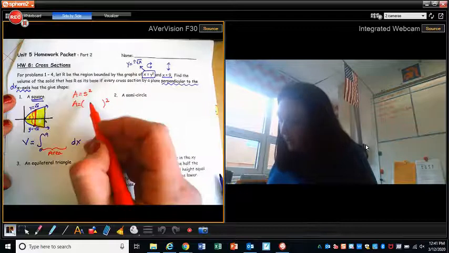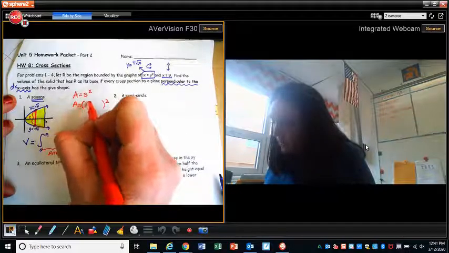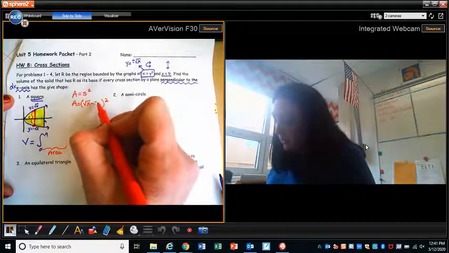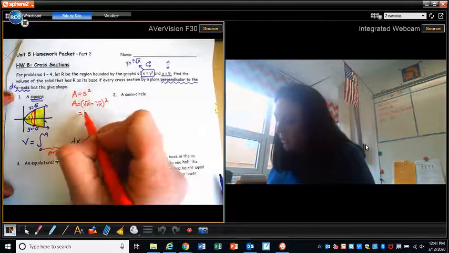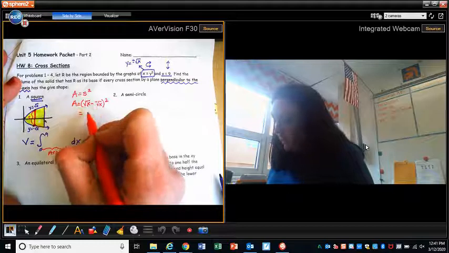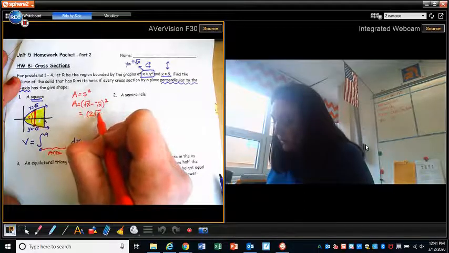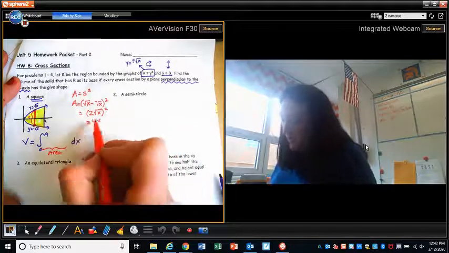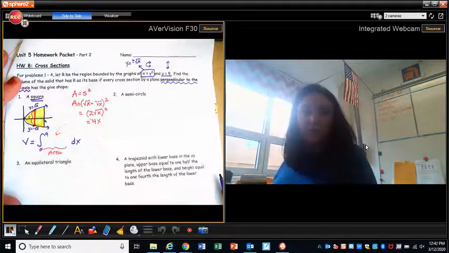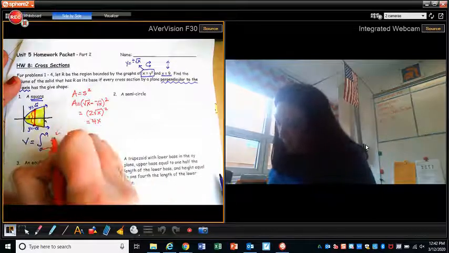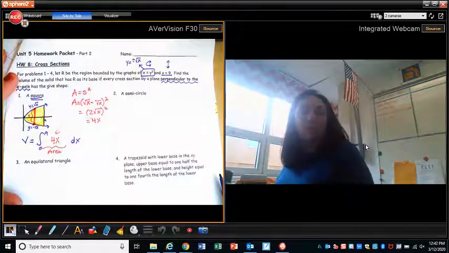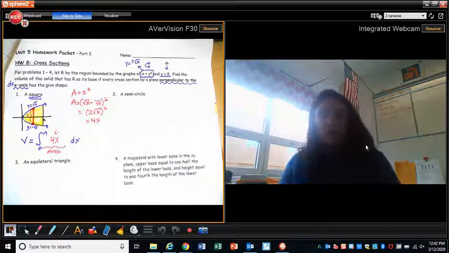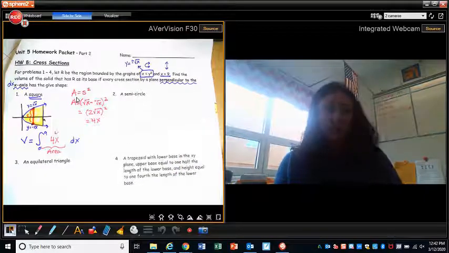And so in my side right here, top minus the bottom, I'm looking at root x plus root x, which is 2 root x, quantity squared, or 4x. That's going to go right here. And then at that point, we can just punch that right into our calculator. I hope that helps to get you set up to do the rest of the page.